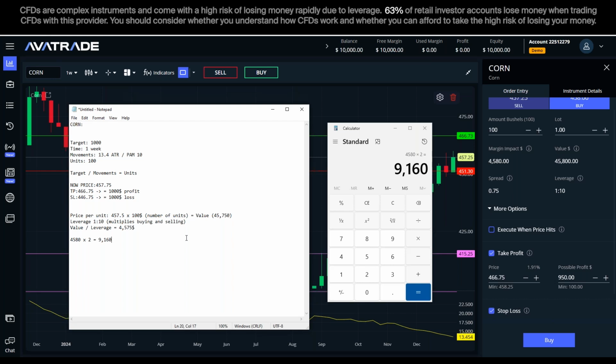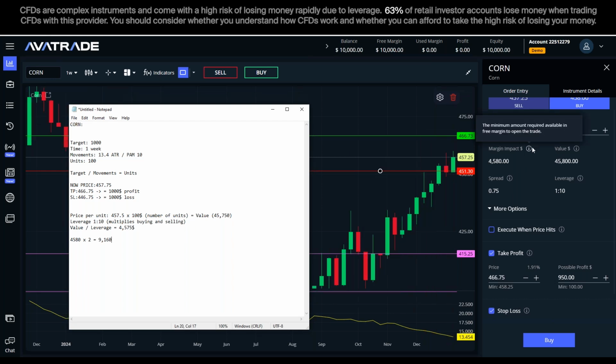That means that I need to maintain the margin level of my account. As you can see, there is a minimum amount that I need to open the position, and there is also a margin level that I must maintain. If I can't, the platform will close the position for me.